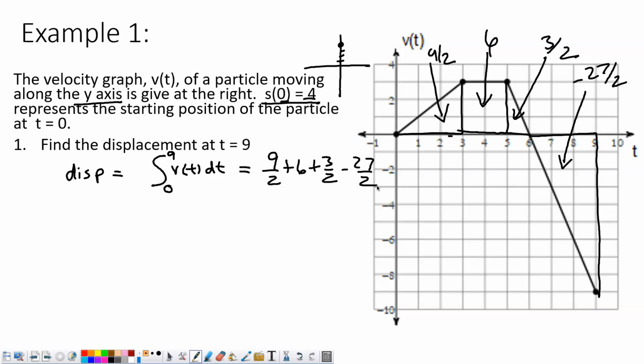And I'll try to do a little bit of mental math here, and you guys can check me. Let's see. That's 12. Take away 27 is negative 15 plus 12. I want to say negative 3 halves. All right, so there's your displacement.